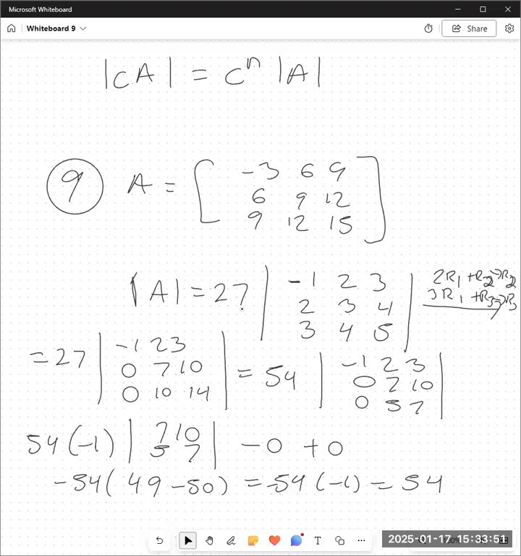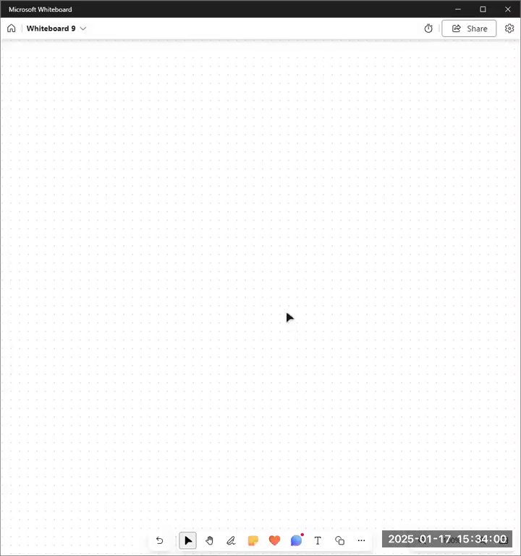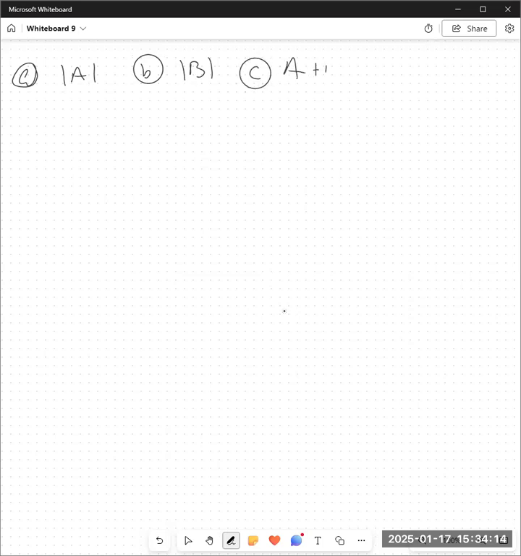Move on now to number 15. 15 is a multi-part problem and asks us to, in A, find the determinant of A, in B, find the determinant of B, in C, find A plus B, and in D, find the determinant of A plus B. We're interested in showing that the determinant of A plus B is not equal to the determinant of A plus the determinant of B. That doesn't work.